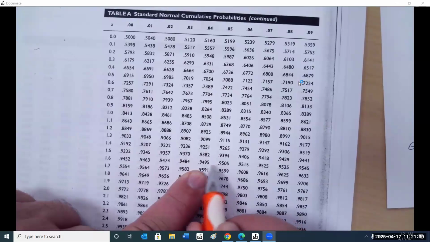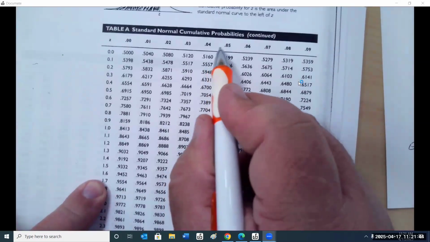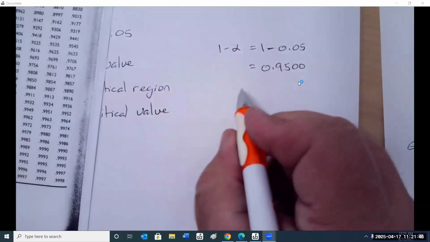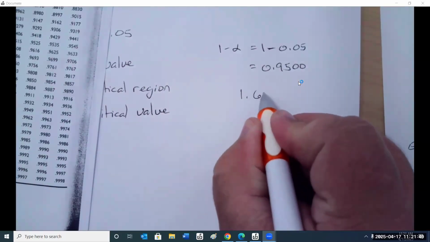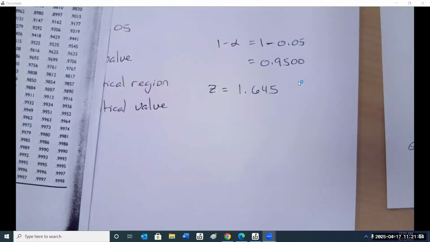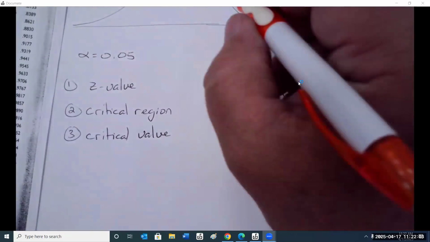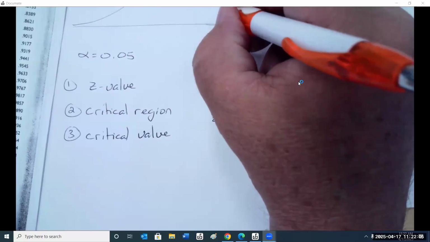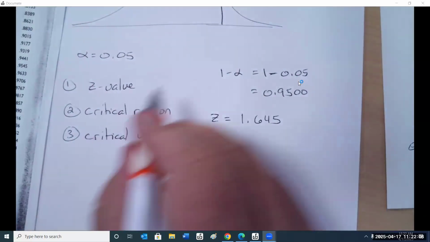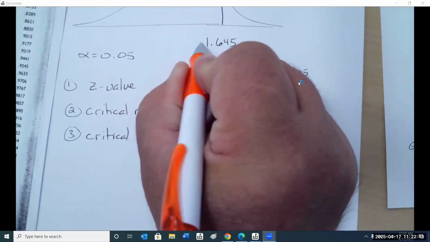So since it's exactly in the middle of those, we take the average, which is 1.645. This is my z-value. 1.645. That's my z-value.